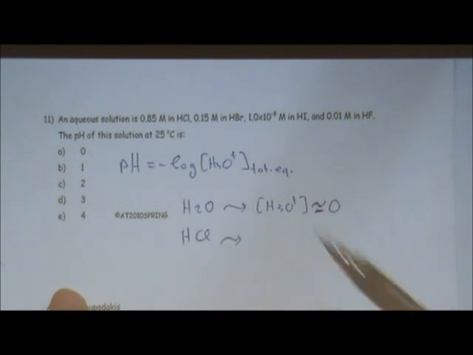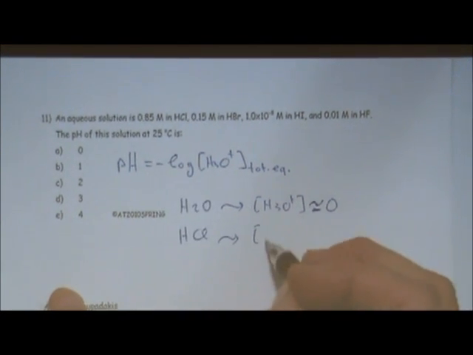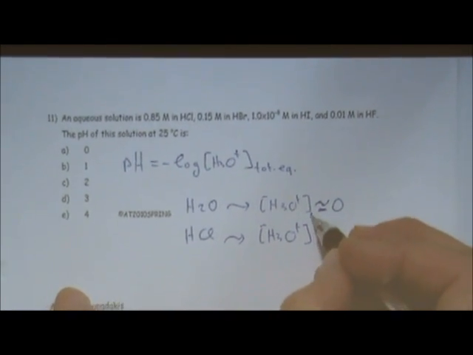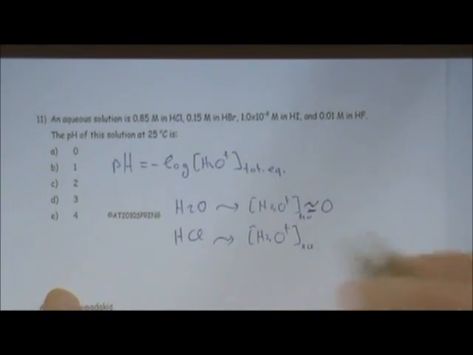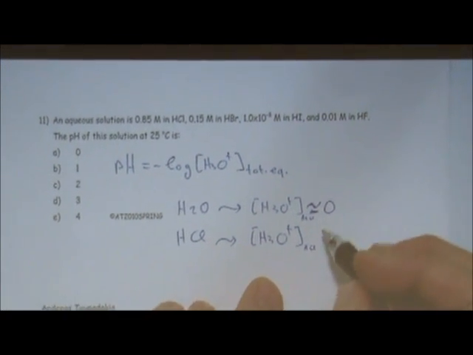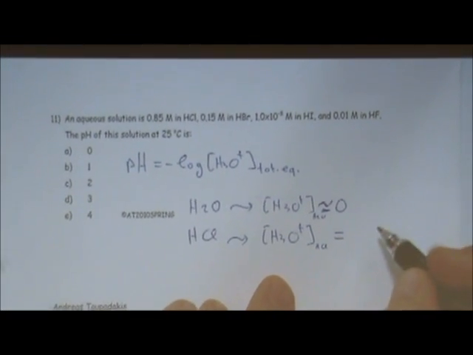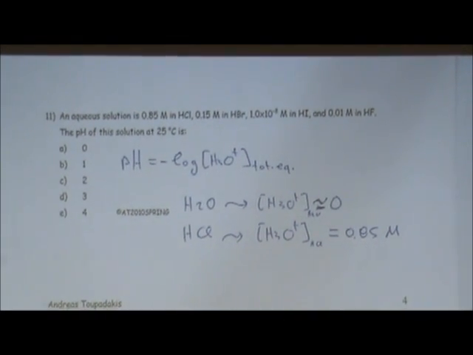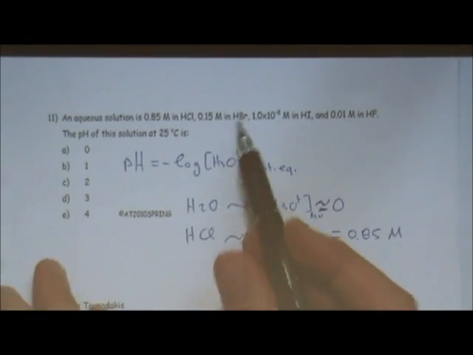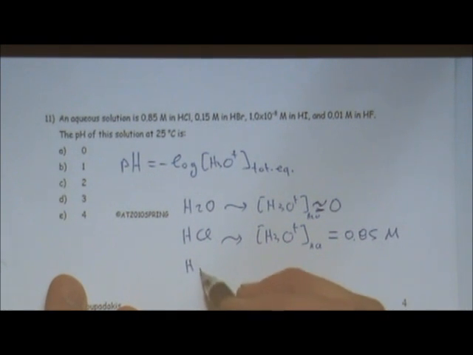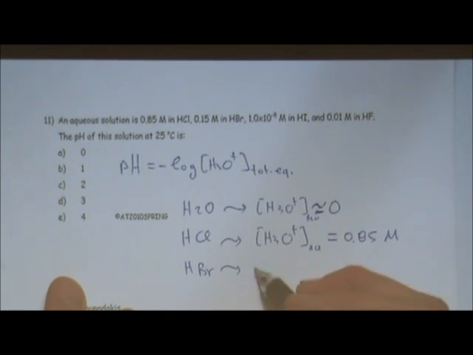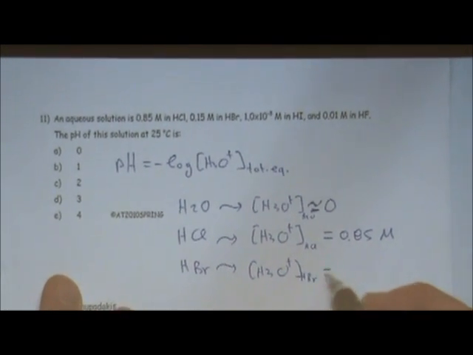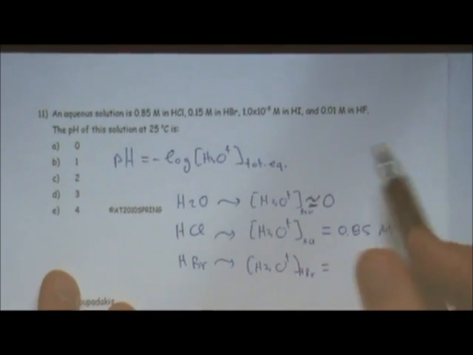So this is from water, this is from HCl, and that will be equal to 0.85 moles per liter. You agree with that? And then we have hydrobromic acid, a strong acid, and for the same reason H3O plus from HBr is going to be equal to 0.15.